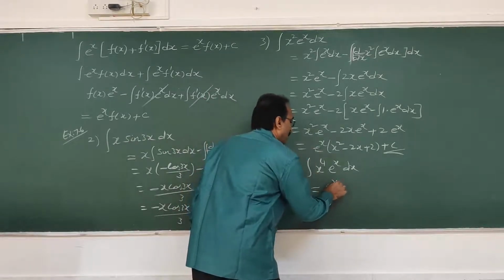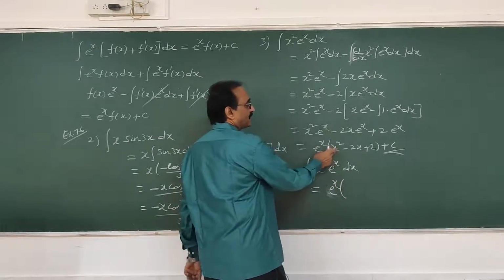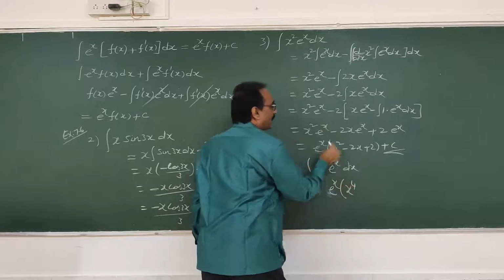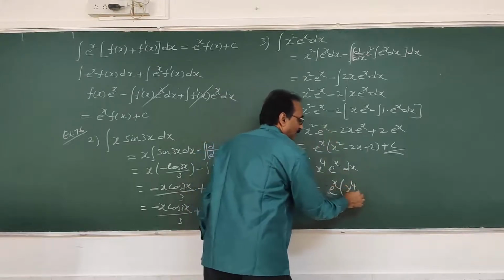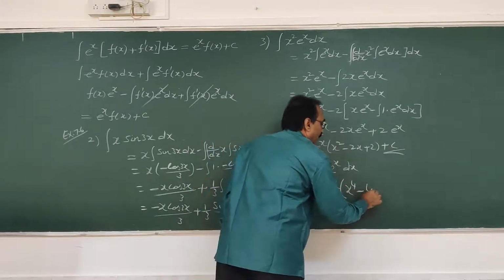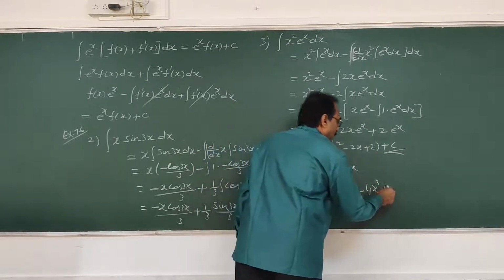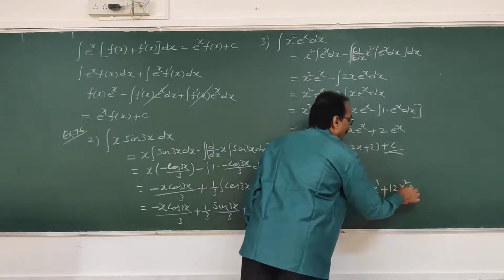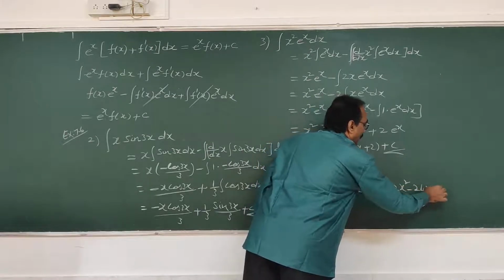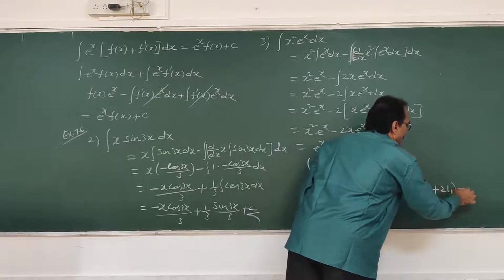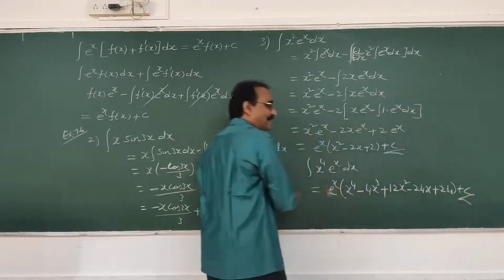You put e power x here, then whatever function is given, x power 4, you write here. First plus, next minus, and derivative of x power 4, 4x cube, plus minus plus alternately, 4x cube derivative 12x square, minus 24x plus 12, minus 24x plus 24. That's all, plus c. Your answer in 1 step has come now.